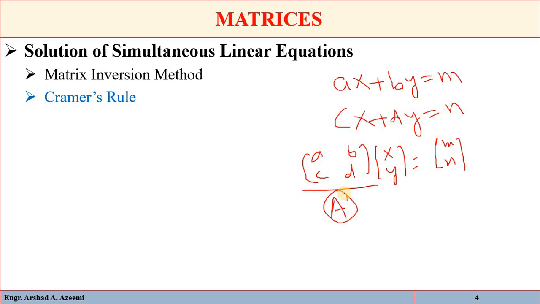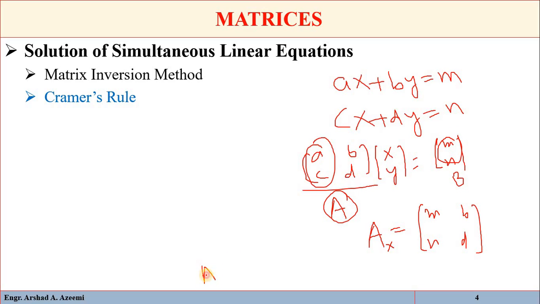Now replace the first column of matrix A by matrix B, so it will become m, n, b and d. That will be matrix AX. Just replace the first column of matrix A by the constant values.